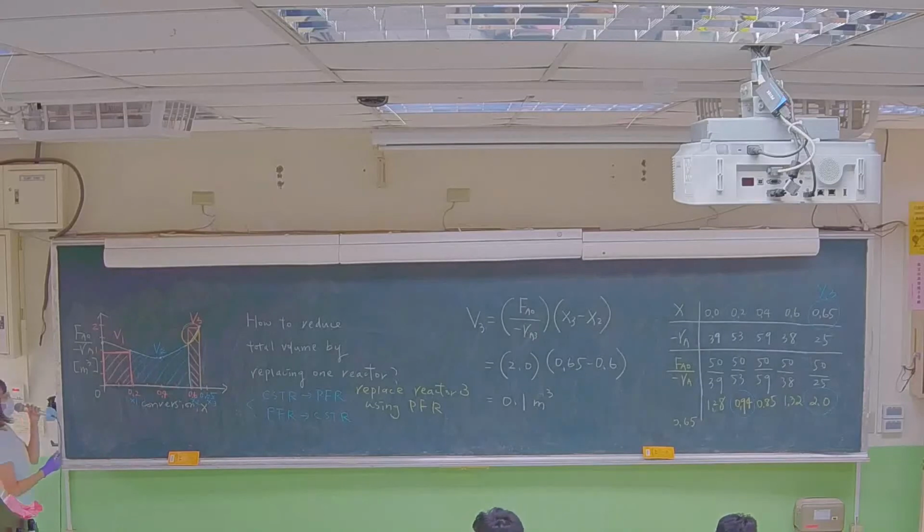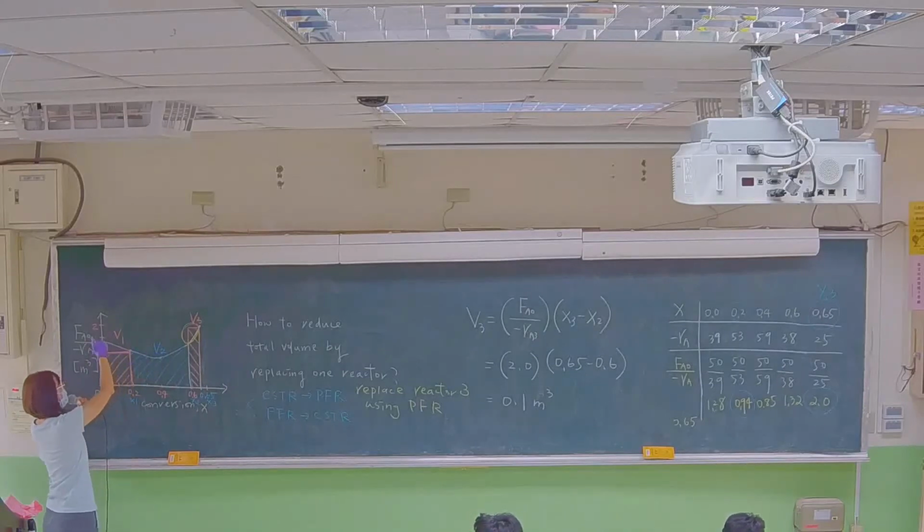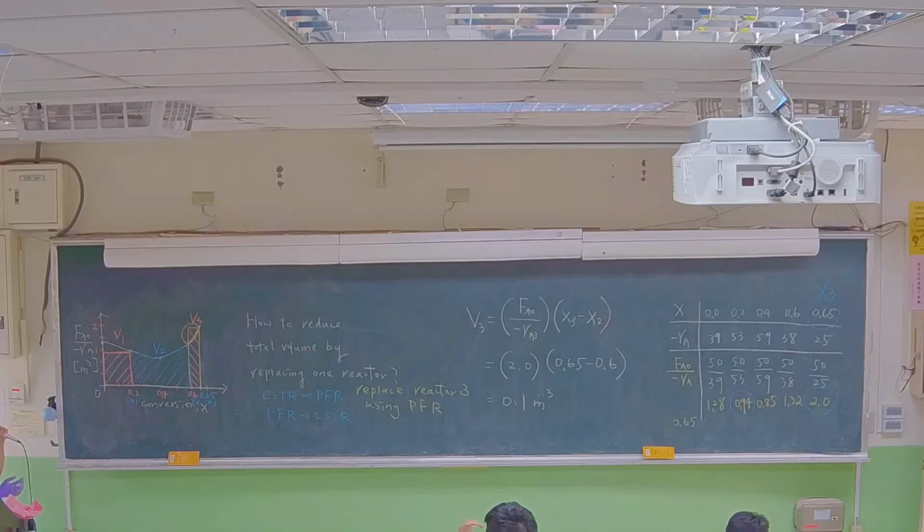So depending on the curve, you have to use a different connection, a different sequence of CSTR and PFR, to find the smallest volume. If your purpose is to establish a reactor with the smallest volume, you have to observe.